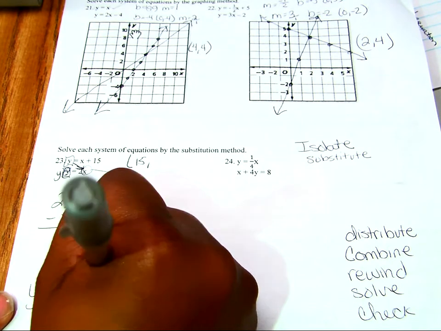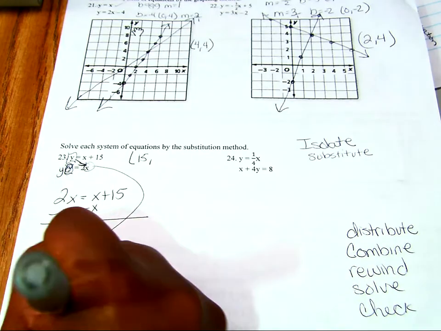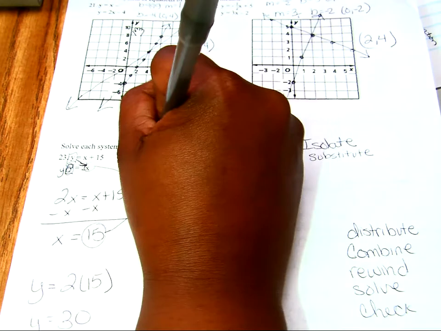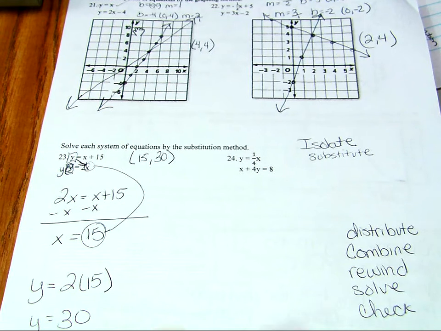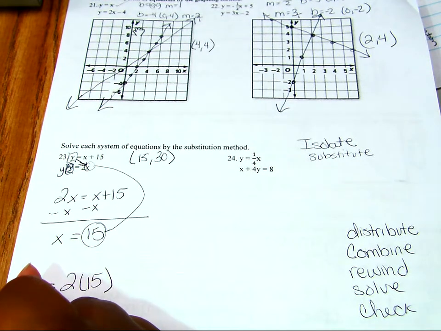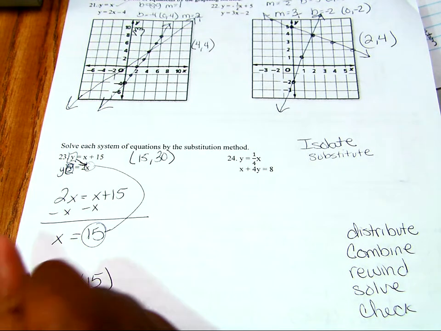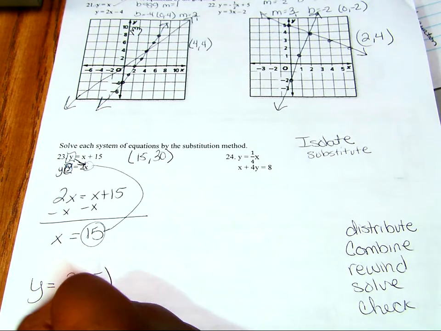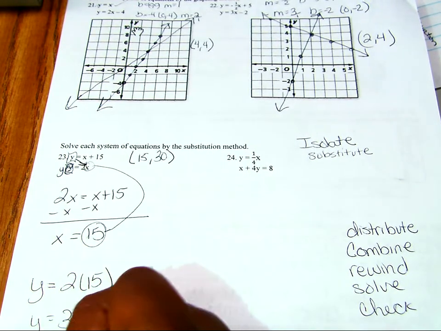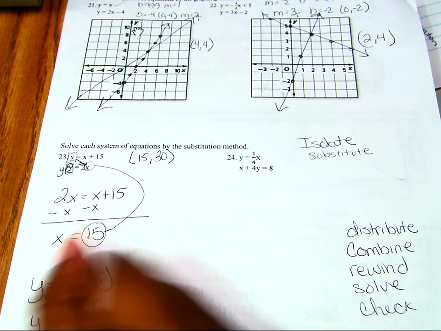So y is 30. That is my solution. Let's check it. We're going to plug both of these into this first equation. 30 equals 15 plus 15. Is 15 plus 15 30? Yes, it is. Check.